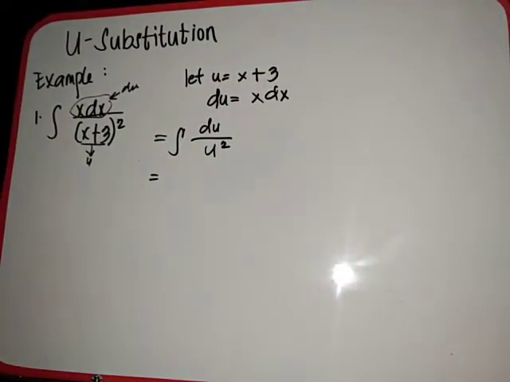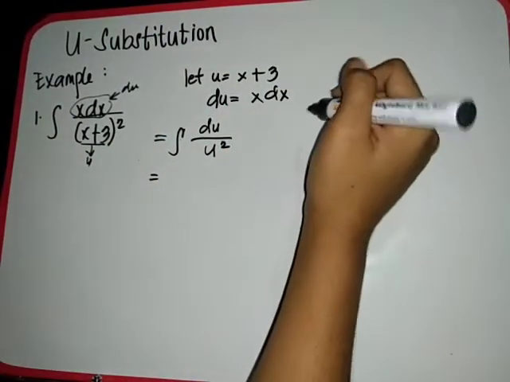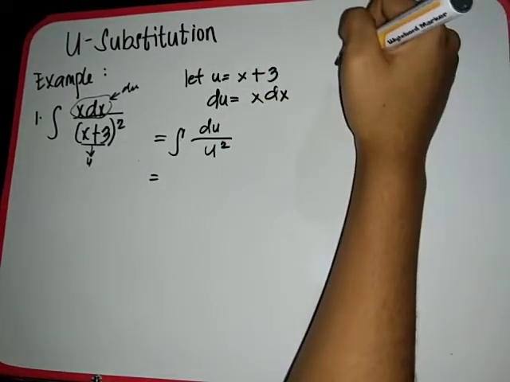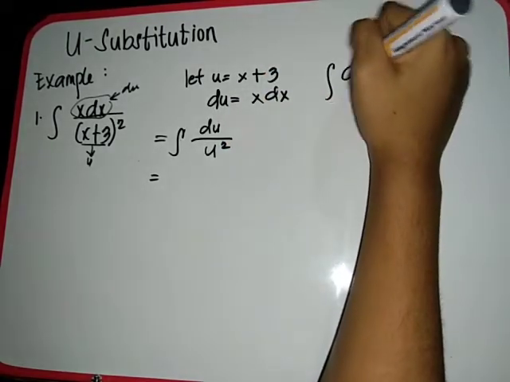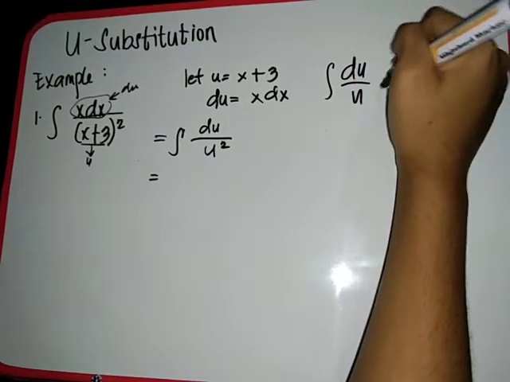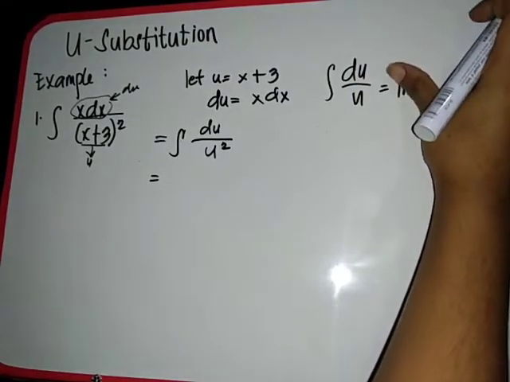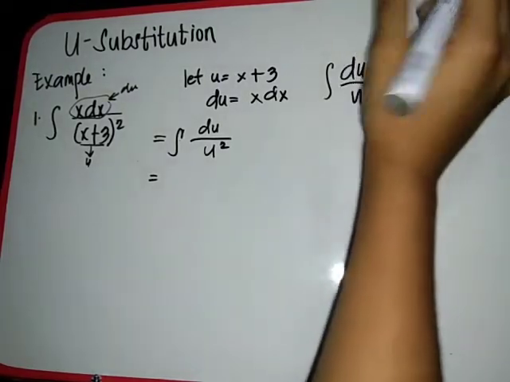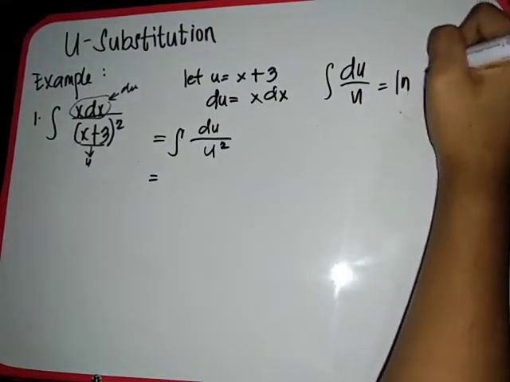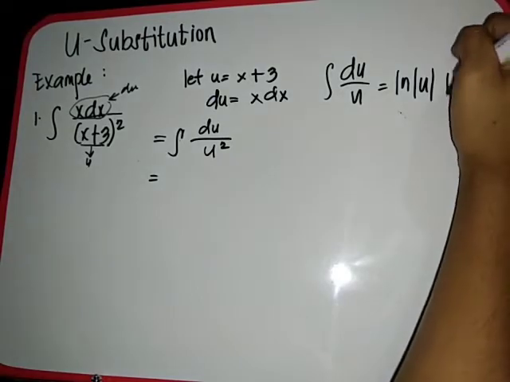Again, du over u is equal to ln u plus c.